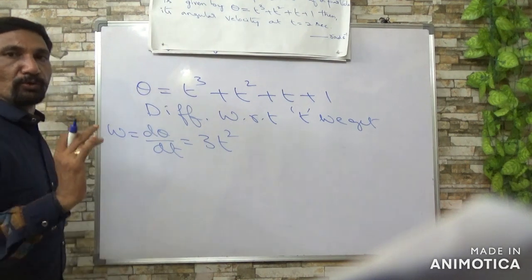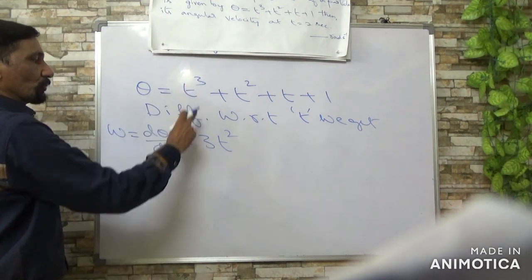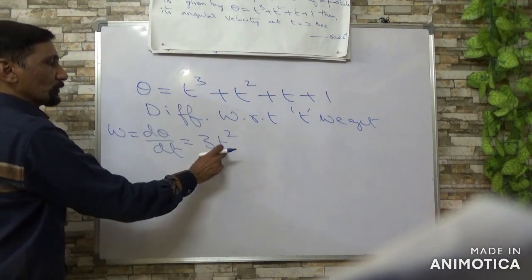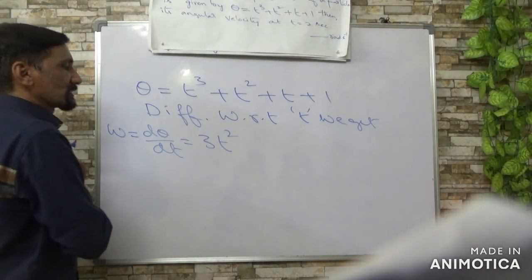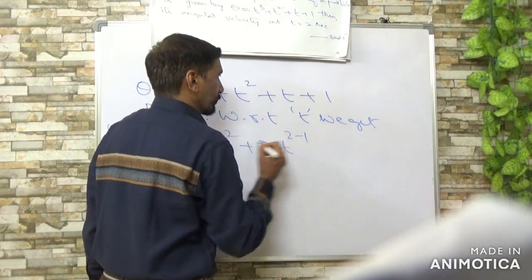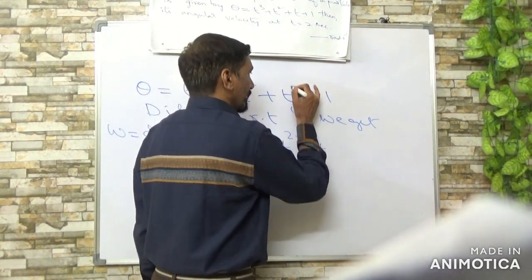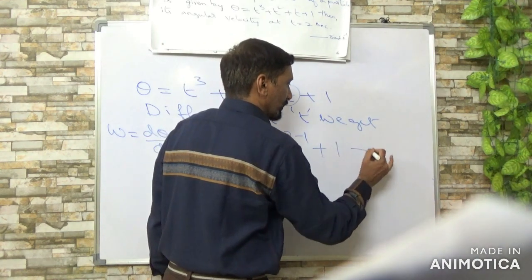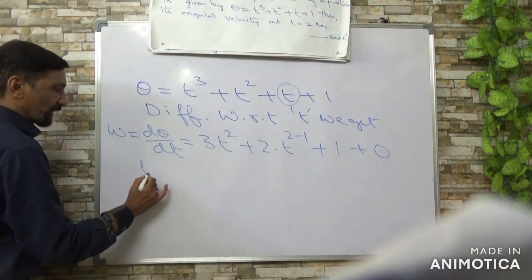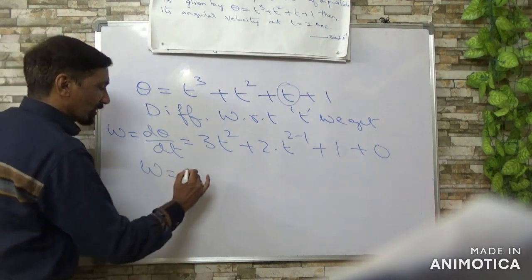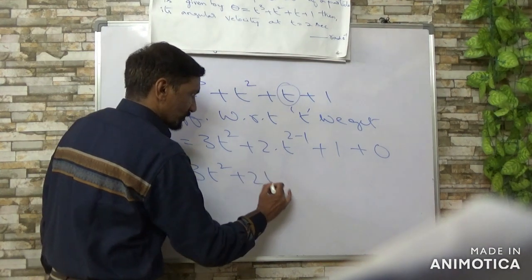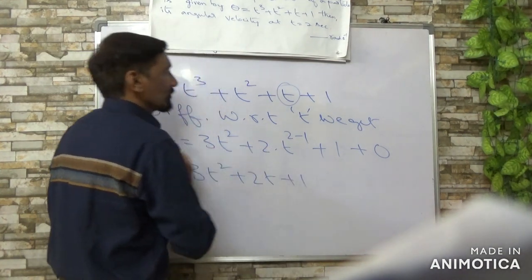3t square. The differential value of t cube is n into x power n minus 1. So that is why 3 into t power 3 minus 1. So 2 into t power 2 minus 1. And the differential value of t is 1, and any constant is 0. So you get angular velocity omega equal to 3t square plus 2t plus 1.